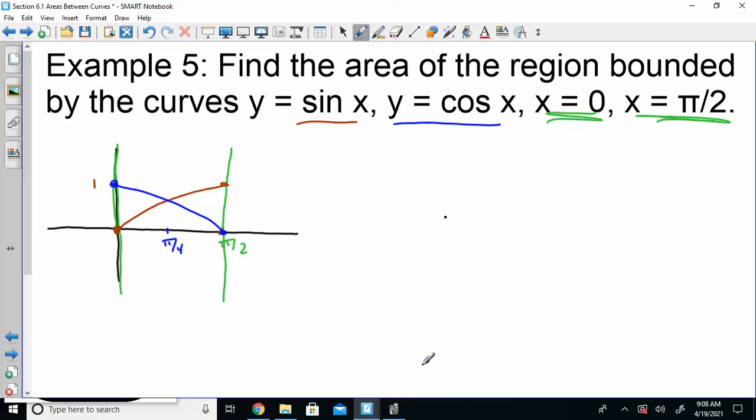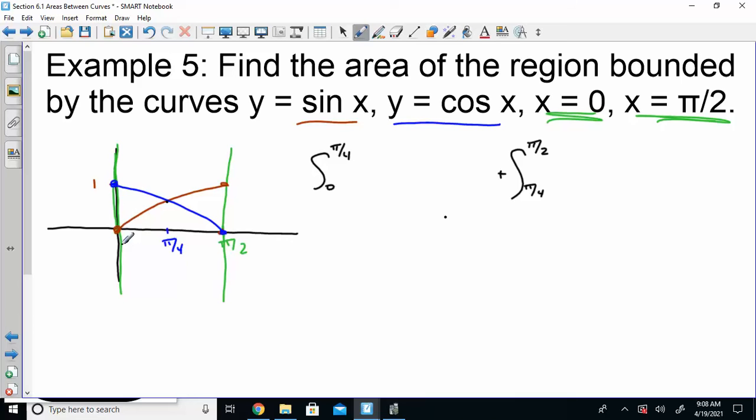How do I have to set this up then? Two separate intervals, just like when we did absolute values. We had to find out what made the inside 0 and break it up there. Since these two curves do cross in the middle, we have to break it up. So we're going to go from 0 to the pi over 4, and then we'll go from the pi over 4 to pi over 2.